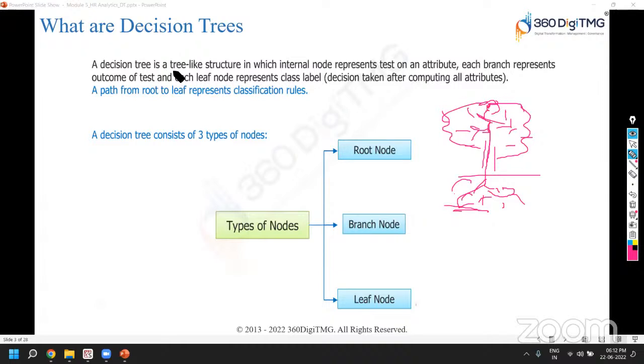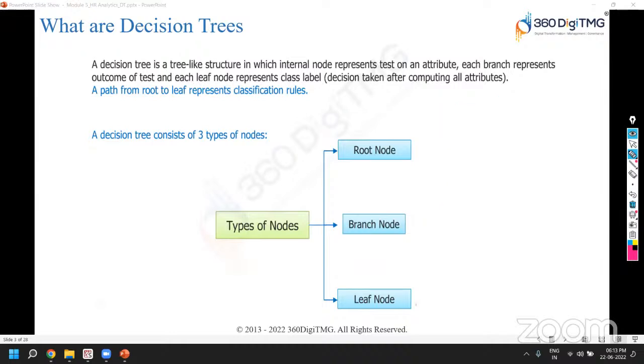So a decision tree is a tree-like structure, a flowchart in which an internal node represents a test on an attribute. This attribute is nothing but a variable in our data set, a feature, or one of the fields.